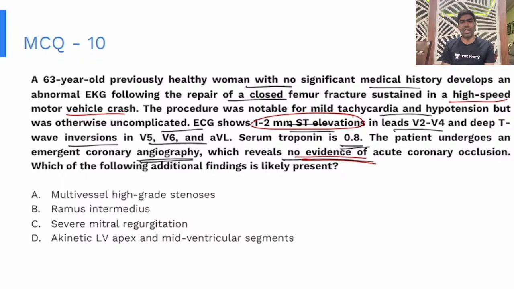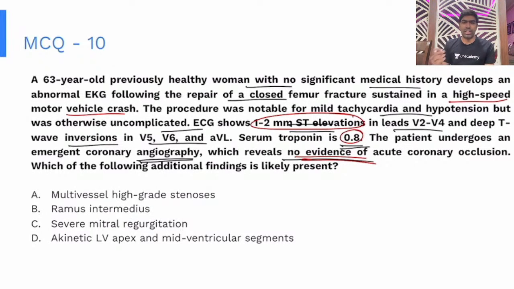So the patient is not having any evidence of acute coronary occlusion. So here the patient is having some sort of physical or mental exertion. On top of that, the patient has had a STEMI-like picture and the troponin is also elevated.